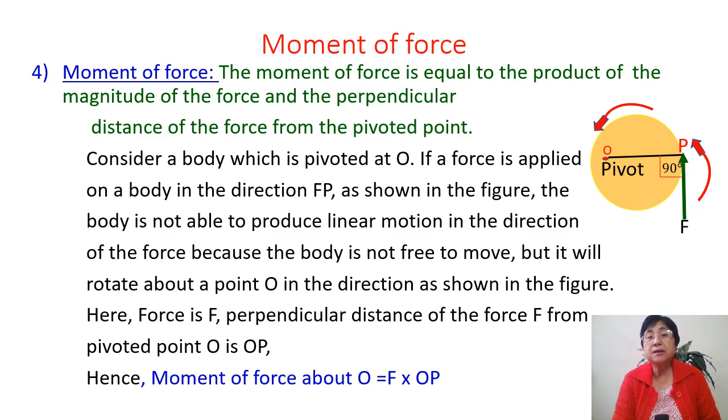So the distance from where we apply the force at P, and the pivoted point is at O, so the perpendicular distance is OP. Hence, moment of force, according to this definition, the moment of force about O equals F into OP.